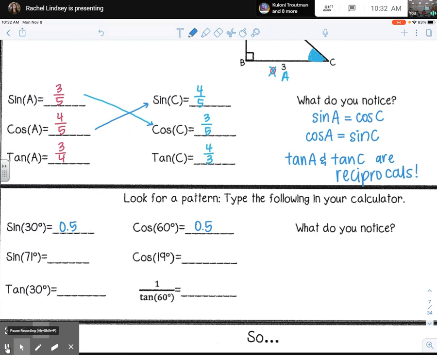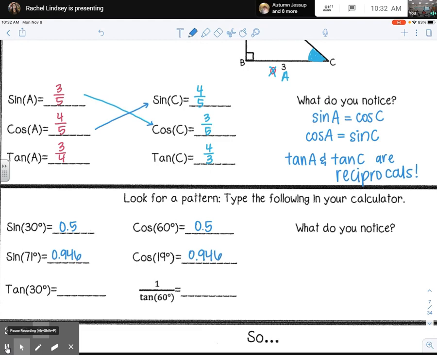So sine of 71 gives you this long decimal, so I'm going to round it to 0.946. And then what's cosine of 19 when you put it in? 0.946. Then what's tangent of 30?